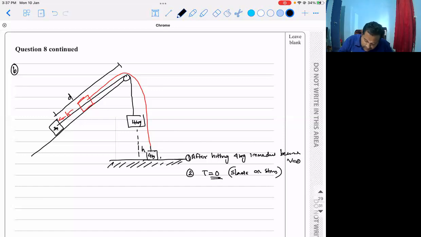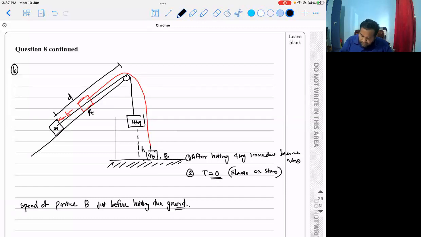For the instance, I'm calling this A, this B. What we are going to find is the velocity, or for easier understanding, the speed of particle B just before hitting the ground.